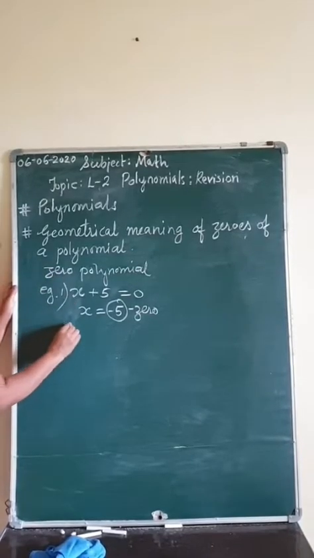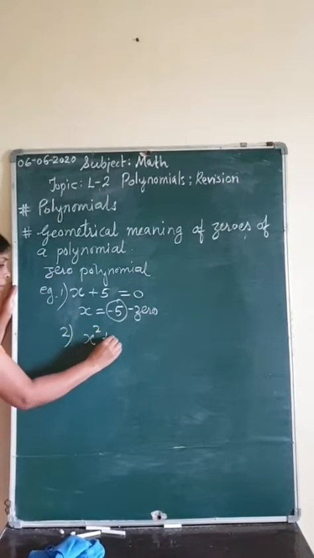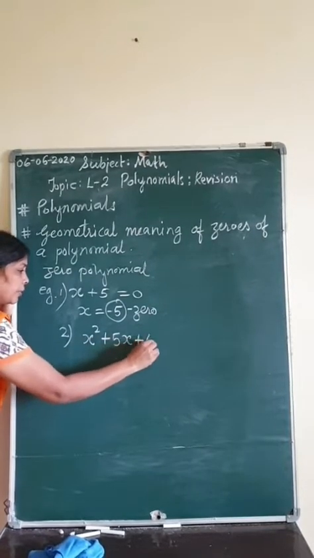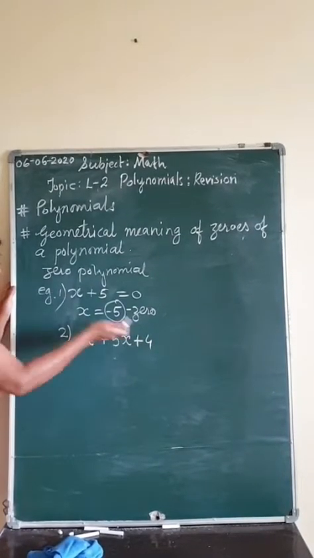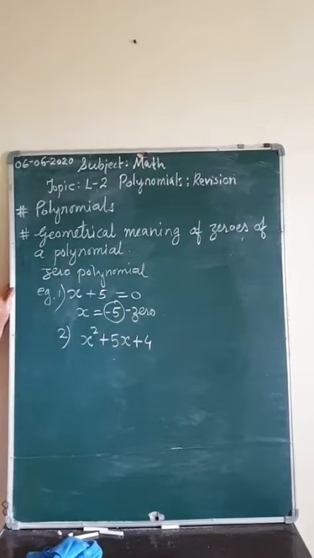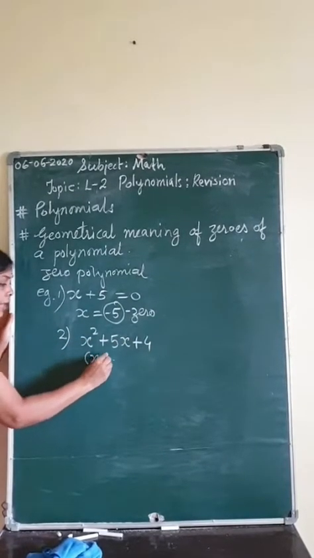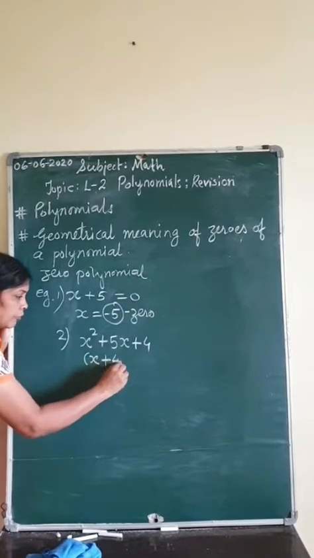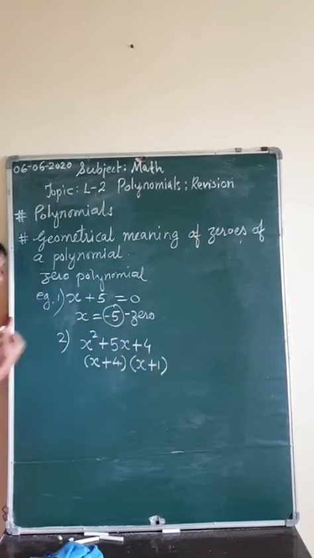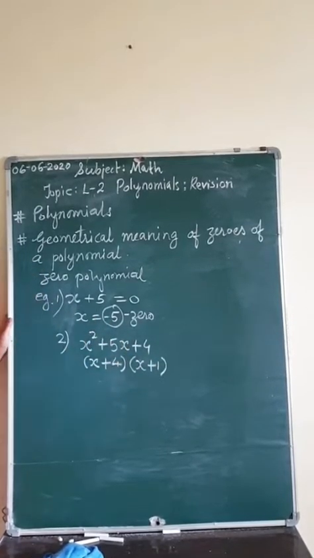Next example, suppose we have here x square plus 5x plus 4. By solving this polynomial, we get x plus 4 and x plus 1. These are the two factors of this polynomial.